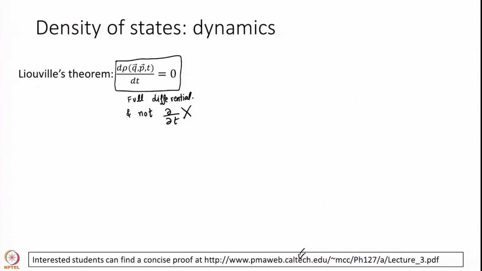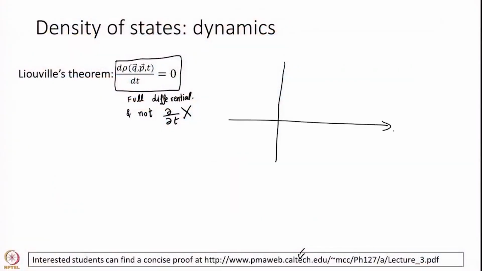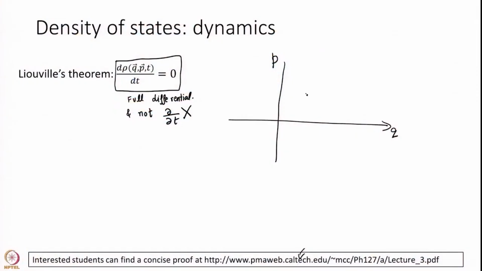First let me tell you what this Liouville's theorem means, what am I talking about. To see the implication of this theorem, let me draw a one dimensional phase space. Well, there is no one dimension, it is always 2D, q and p. So, I have a one dimensional system which is only q and the corresponding momentum p. What this is saying is, let us look at some point in this phase space, and essentially let us look at a little box here of length delta x and length delta p.